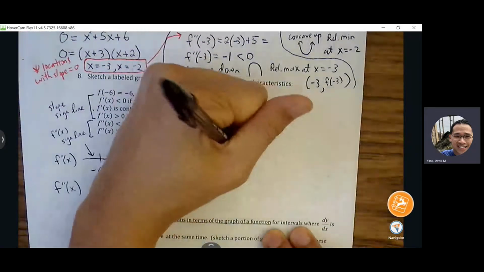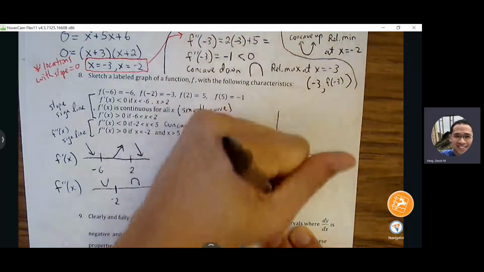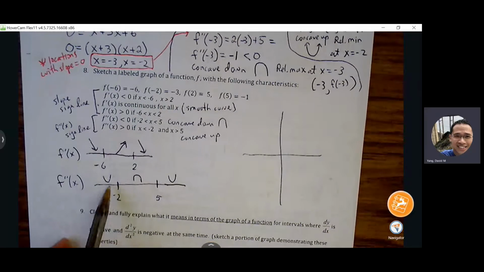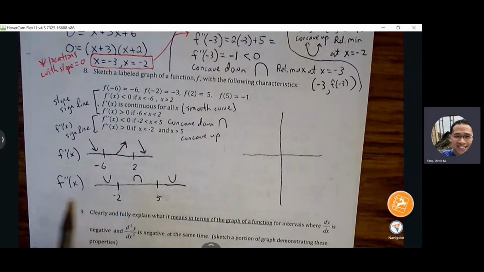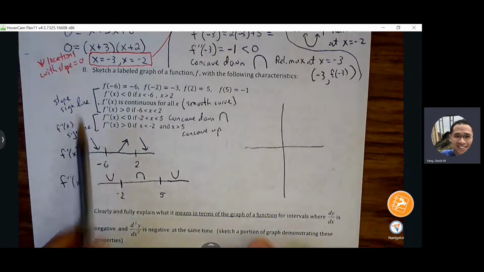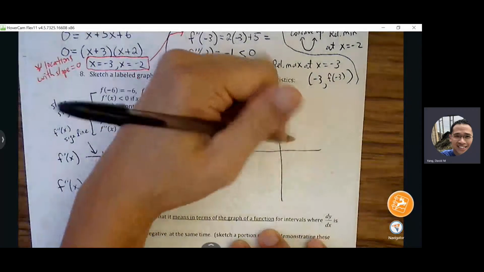Again, I like to create two versions of the graph. I like to create a draft version using just the slope sign line, and then I'll retrace it with a more detailed graph. Okay, all these ordered pairs, I can go ahead and put them down.